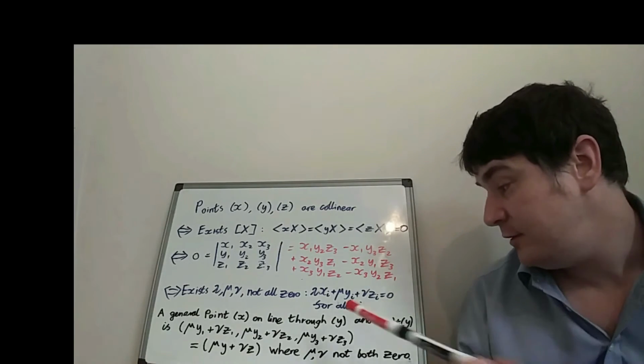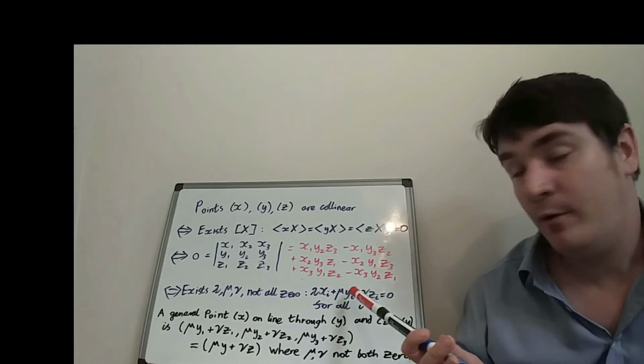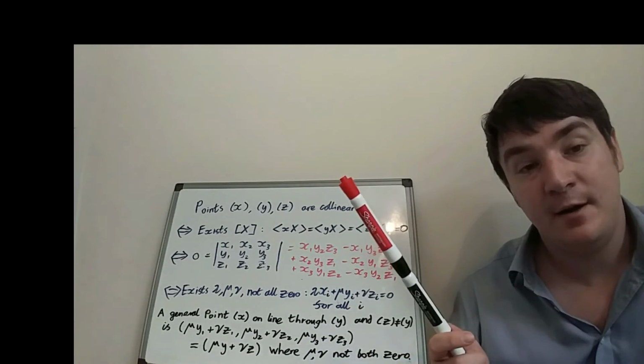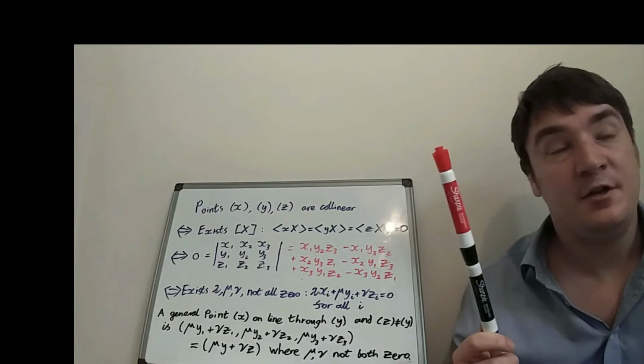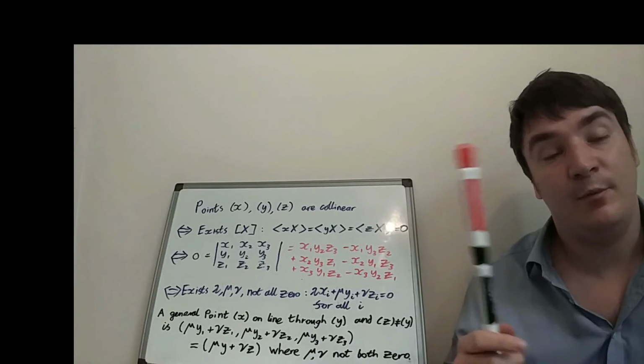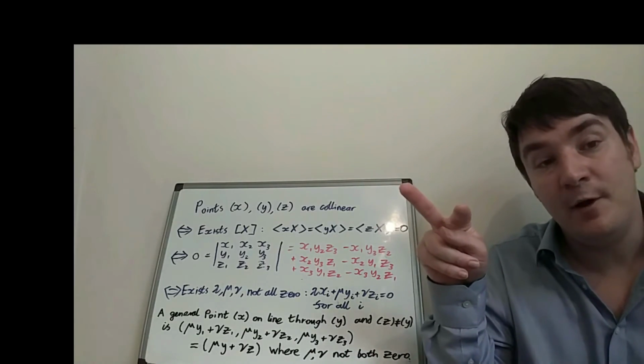The advantage of this is that we can mess around with the expression to get a general condition for the set of points which line up with a couple of distinct points.